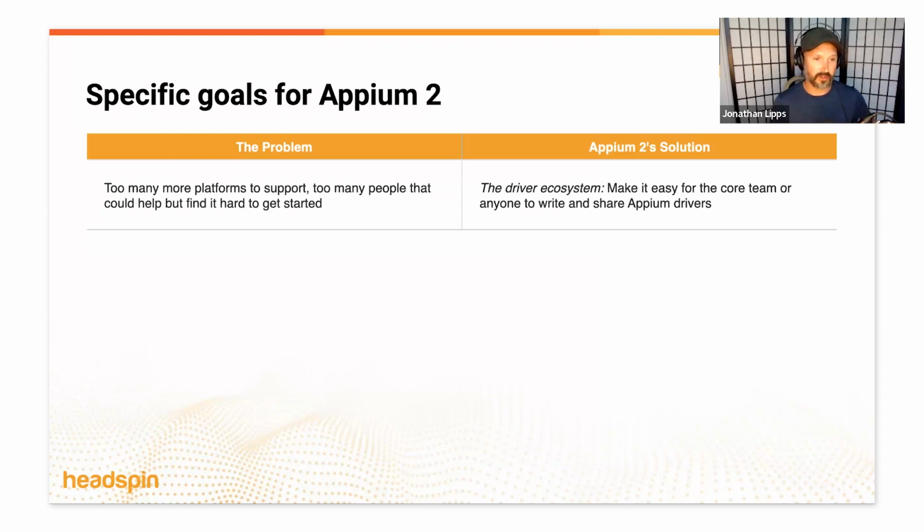So one problem that we've noticed over the years, and this goes to our core vision of WebDriver automation for anything, is that there are too many platforms for us as a small team of developers of varying backgrounds to support. There's too many people also that could maybe help with platform support for a new platform, but would find it hard to get started with the Appium code base. So there's kind of multiple dimensions to this problem when we're trying to push into a whole new variety of platform support.